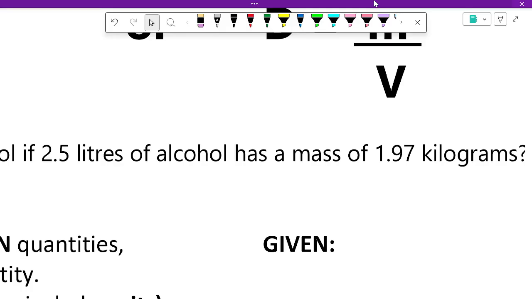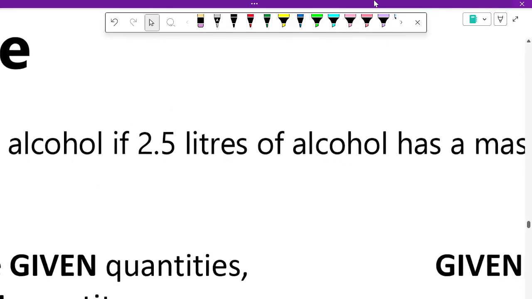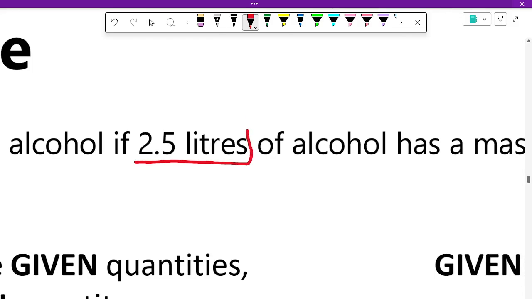What is one given quantity? 2.5 liters, that is a given. So just look for the number and its unit. That's given. What quantity is that measuring?